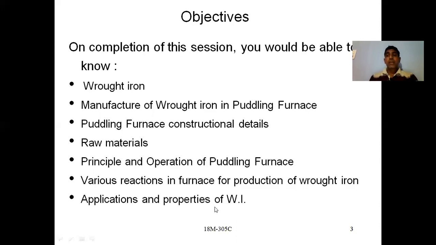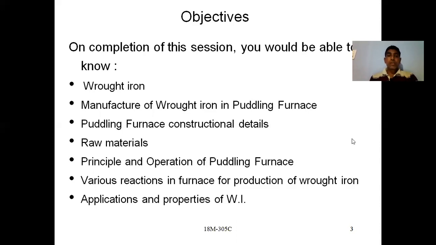Whereas in pig iron we didn't discuss the applications and properties because the properties are not suitable for industrial applications. For that reason, we are refining it in a further process. So here we can use this wrought iron for industrial applications. That's why we are discussing applications as well as properties of wrought iron here.